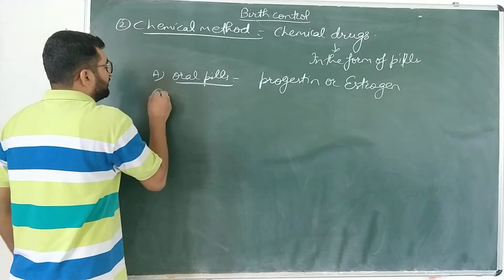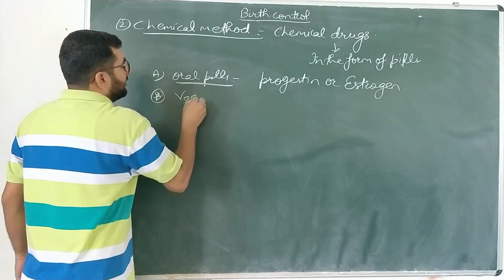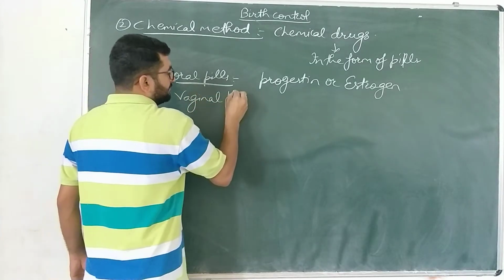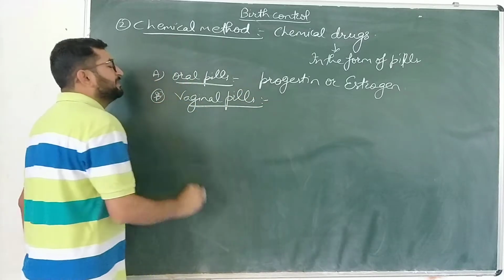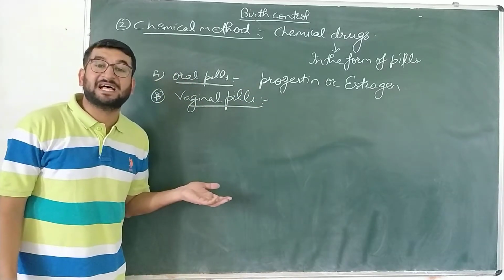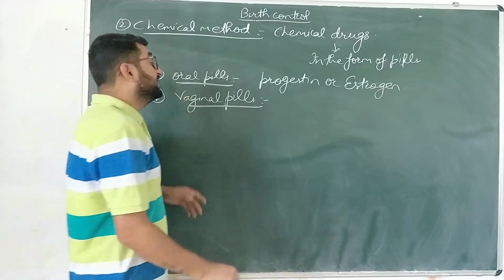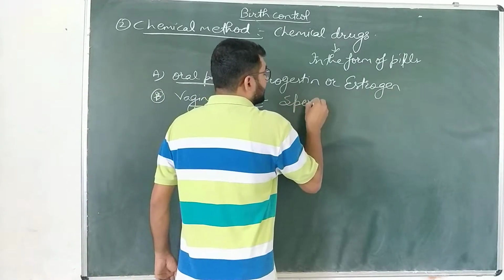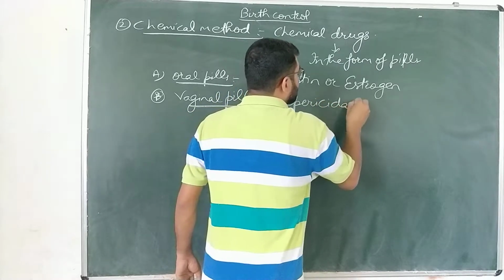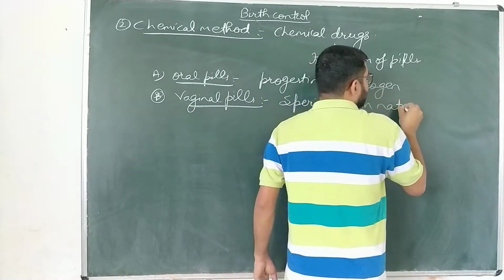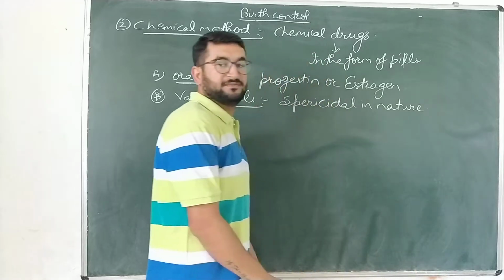The second kind of pills are vaginal pills. These are the pills which are to be placed in the vagina, or you can say the birth canal, of a female. These contain certain chemicals which are spermicidal in nature. What do you mean by spermicidal? That means they kill the sperms.